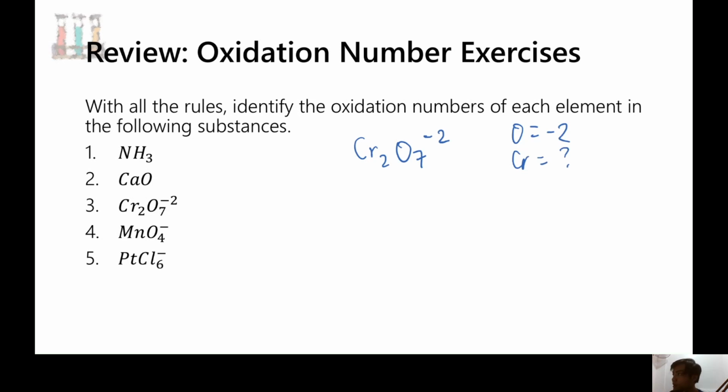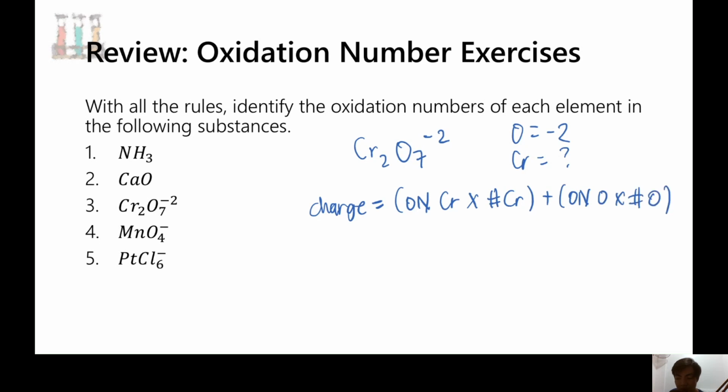Okay? So, paano yung formula dyan? That's charge equals the oxidation number of chromium times the number of chromium atoms plus the oxidation number of oxygen times the number of oxygen atoms. So what is the charge? The charge is negative 2, as indicated by the exponent.